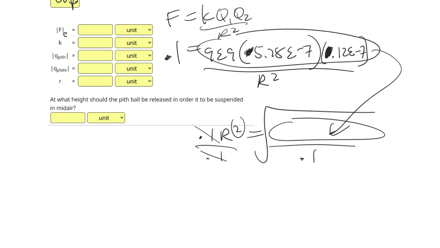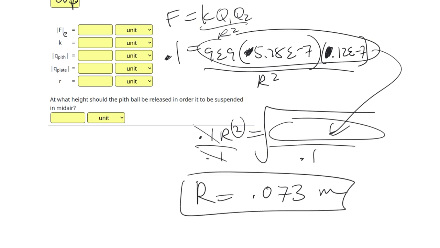And take the square root of that. I get 0.073 meters. So that's the answer right there.